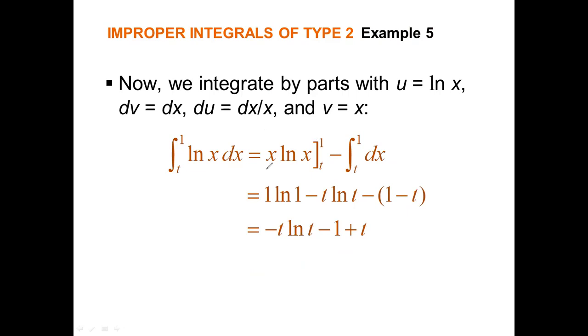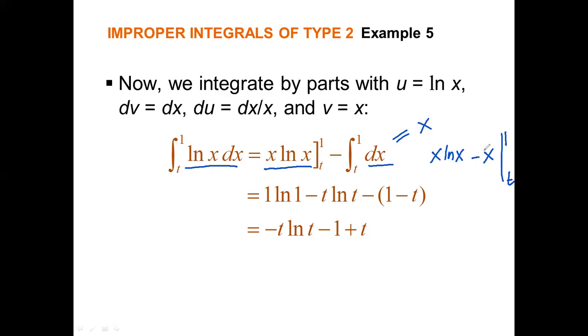This is your answer, x ln x, and the integral of dx, which is equal to x. So your answer for this is x ln x minus x. But you have to evaluate your answer for this integral from t to 1.